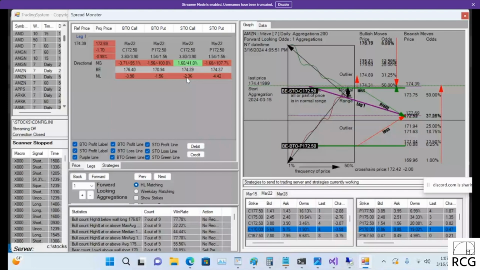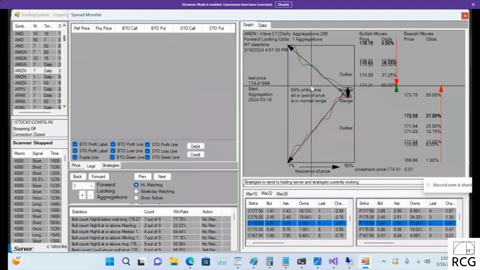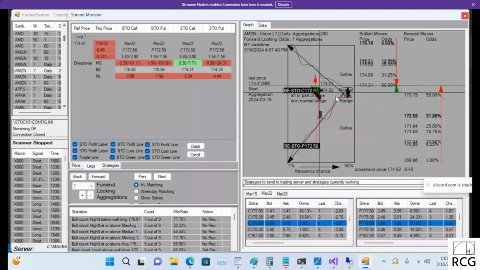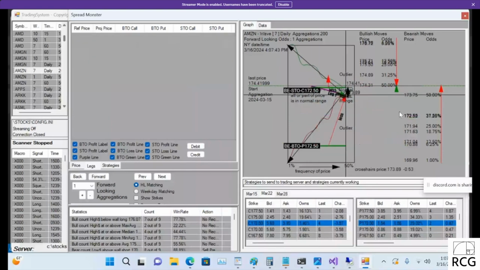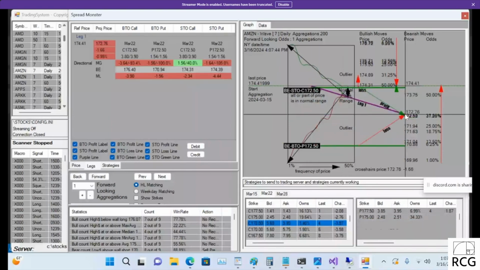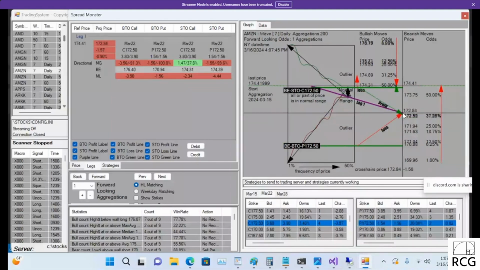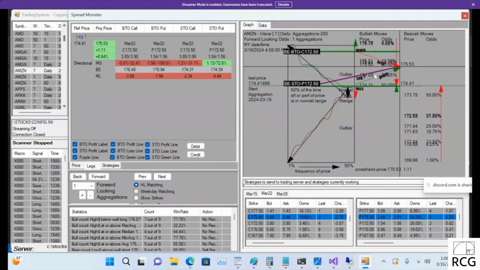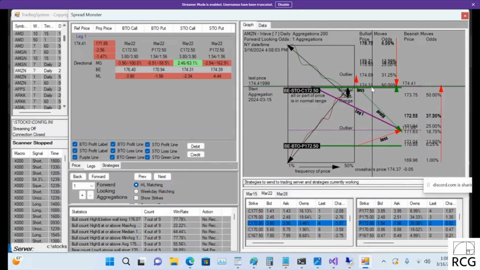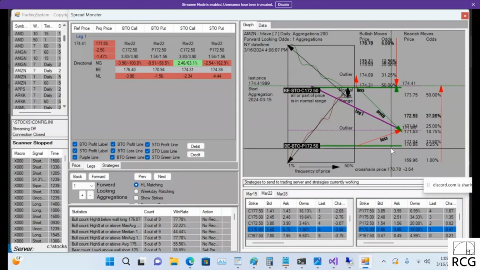Now, the BE that you're asking about is calculated as this green line right here on the top, which comes to 174.31. Let me move the cursor there, make sure it's right. About 174.31.